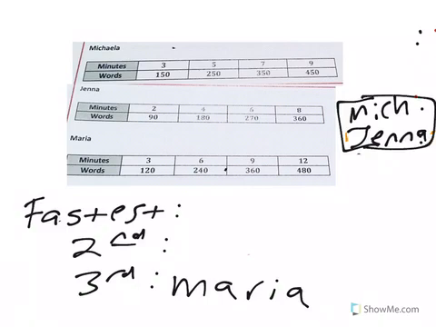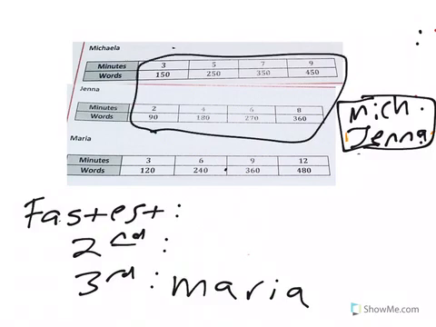Now, to compare these two, again, my recommendation would be to find the value of the ratios, which is what we did originally. Another thing you could do is, I don't see any comparable data here, but I do see that in 5 minutes, Michaela typed 250 words. In 6 minutes, Jenna typed 270 words.